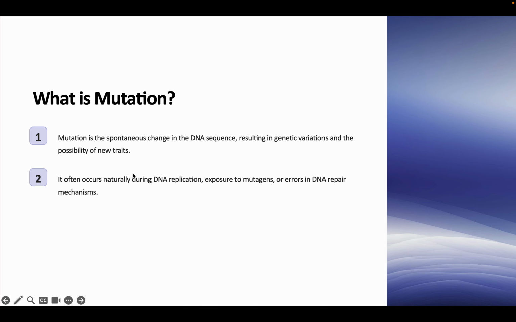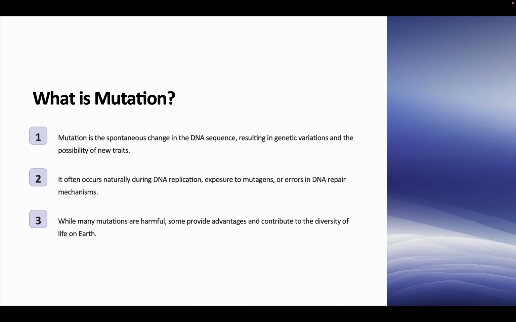As we know, when the correct base that we want is not placed, the DNA repair mechanism happens to correct the damage, the mutation. But sometimes an error in this DNA repair mechanism can also cause mutation. And sometimes these mutations are harmful, but they can be advantageous as well.